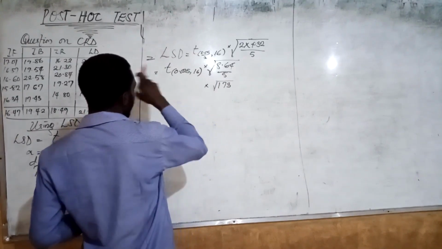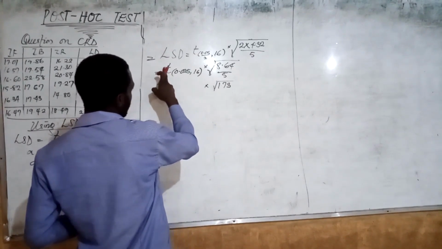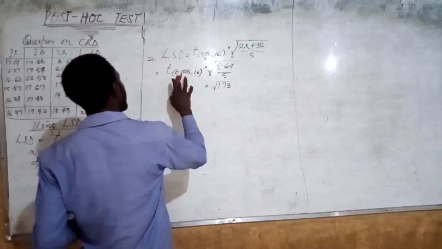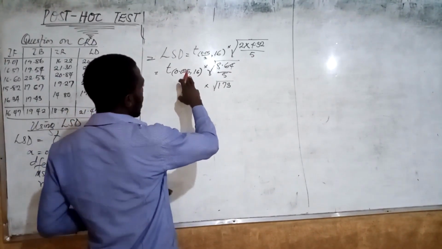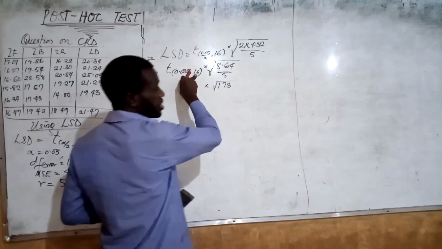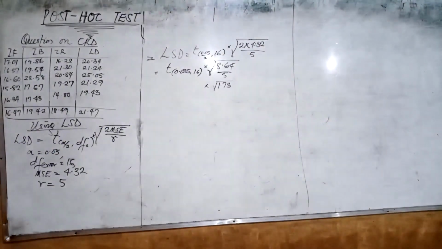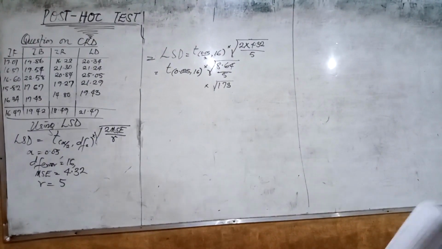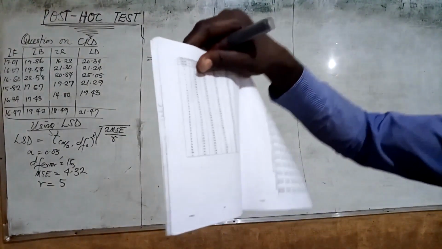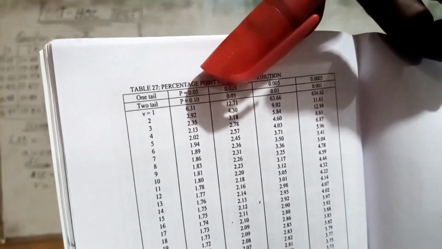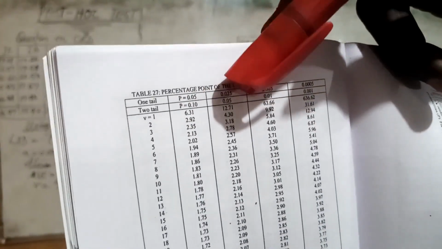Then we will check the value of t under 0.025, using a df error of 16. How do we check that? On our t-test table or t distribution, we see alpha here, under 0.025.